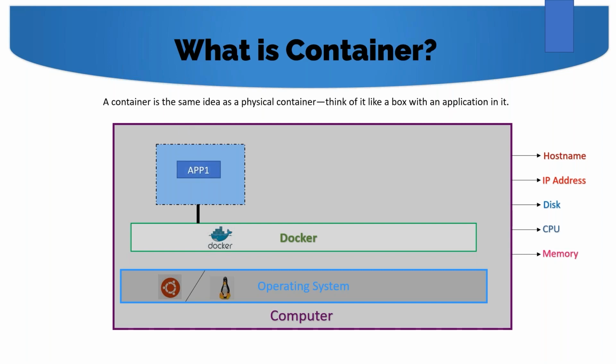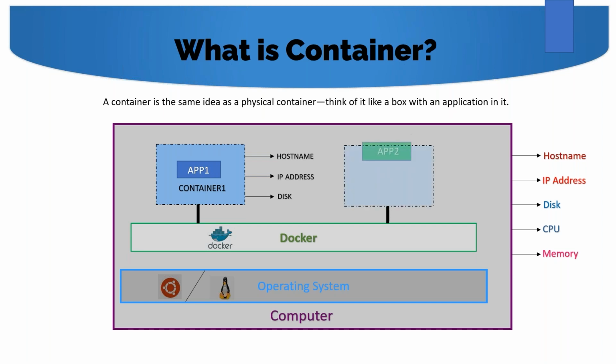The app runs inside a container, and every container will have its own host name, IP addresses, and its own disk size. You can tell what things your application needs. You can configure it the same way you configure VMs in the virtualization world, here in containers as well.